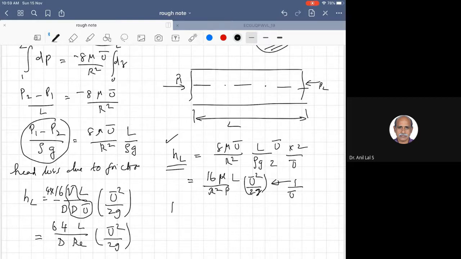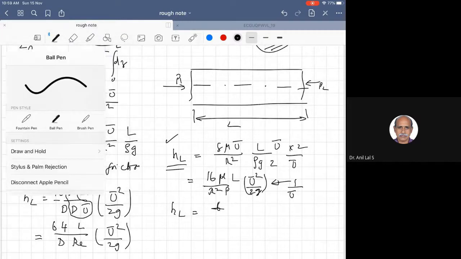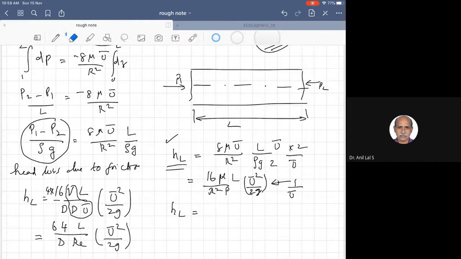So the head loss due to friction in a pipe can be written as 64 by Re, L u bar squared by 2gD, in this kind of form.